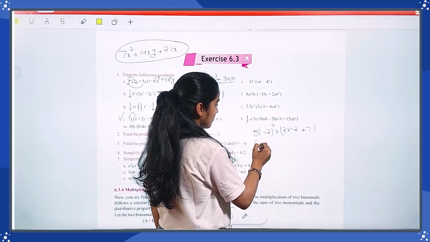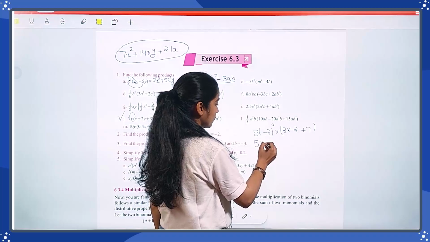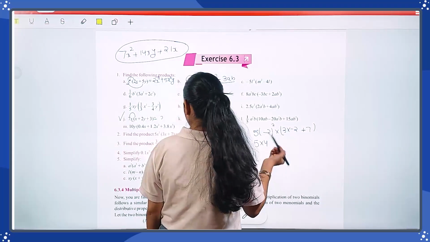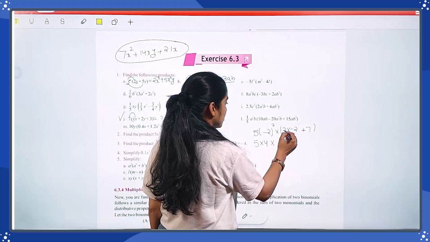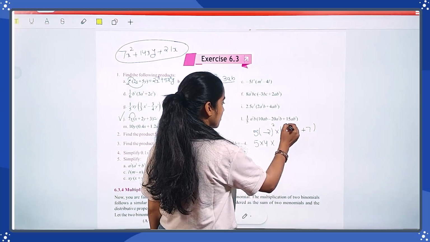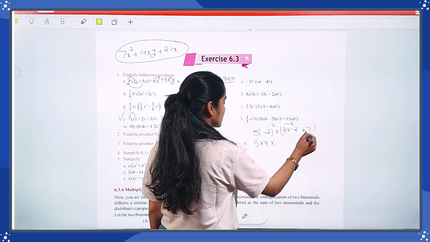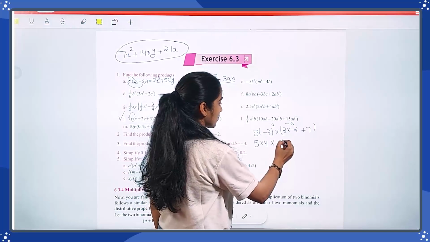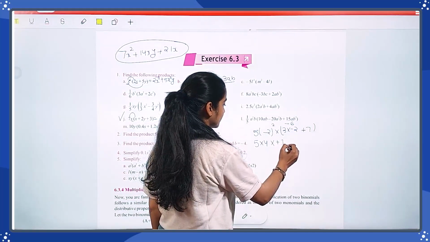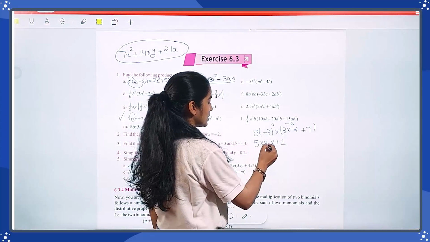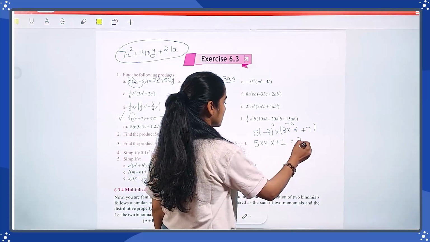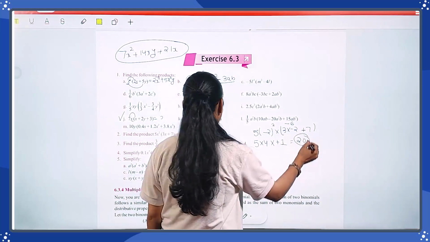Now minus 2 square is 4. Multiply 3 2s are 6, minus 6, and minus 6 and plus 7 is plus 1. So 5 4s are 20, and 20 multiplied by 1 is 20. This is your final answer.